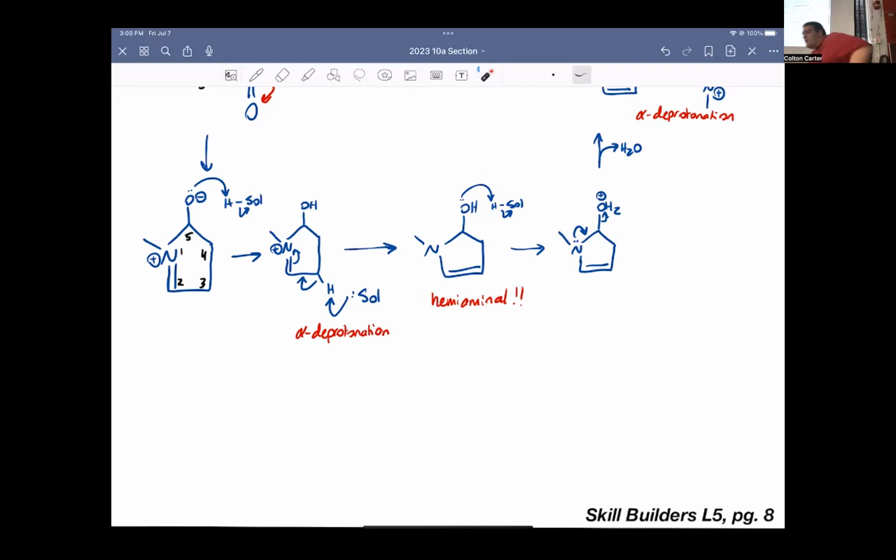And then how do we go from our amide here down to the amine? Are we changing oxidation level? What oxidation level do we start at? What oxidation level do we finish at? So if we go 3 to 1, is that an oxidation or a reduction?